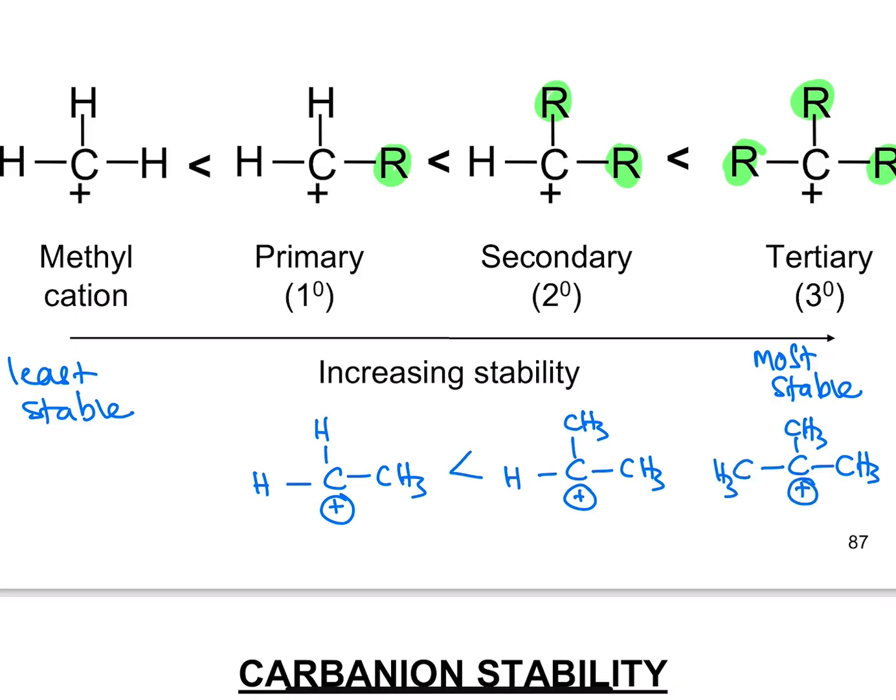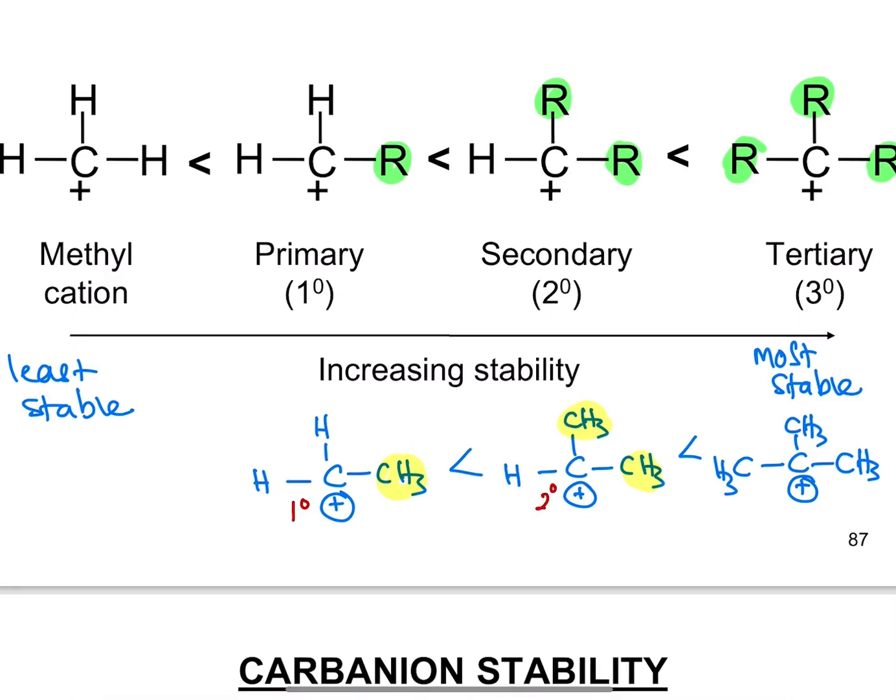So as you can see over here, I will highlight again, this is a primary carbocation sebab dia mempunyai satu R group sahaja. Whereas the next one is a secondary carbocation because it has got two R groups. And the third, we have got three R groups.